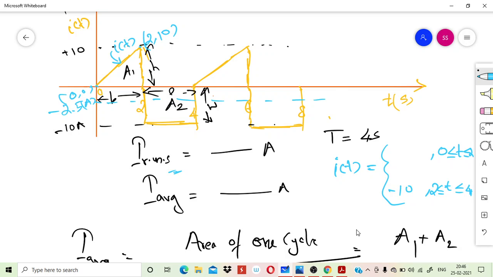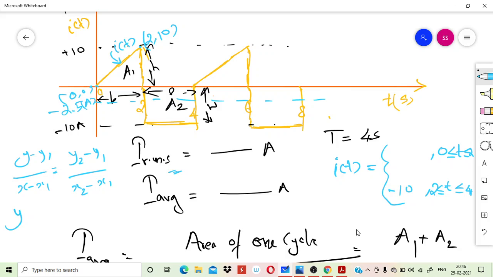If you know the 2 points on a straight line, then you can find the equation of the straight line, right? That is given by (y minus y1) by (x minus x1) equal to (y2 minus y1) by (x2 minus x1).